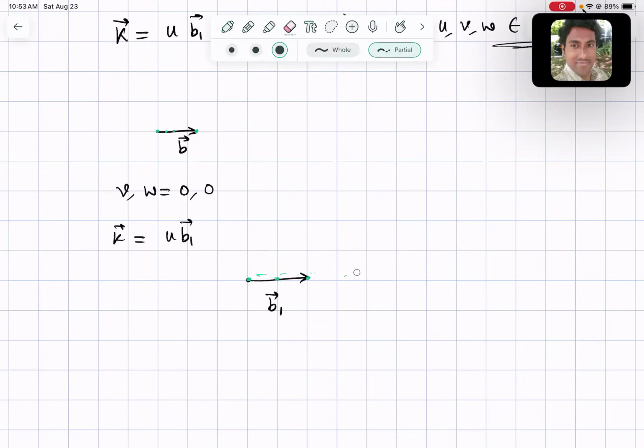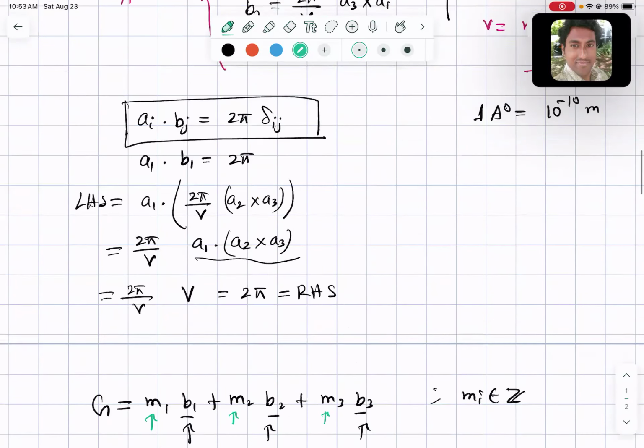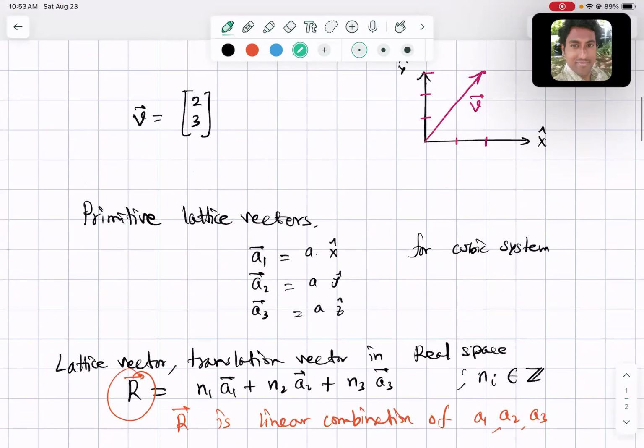The unit cell that we made, in real space a1, a2, a3, we get a cube, right? The unit cell.